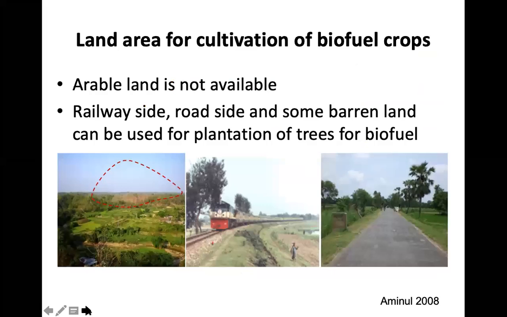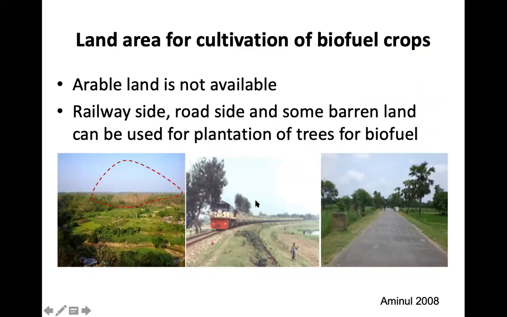And the land area for cultivation of biofuel crops in Bangladesh: arable land is not available. In Bangladesh, we have a serious limitation of cultivable land for crop production, food crop production.